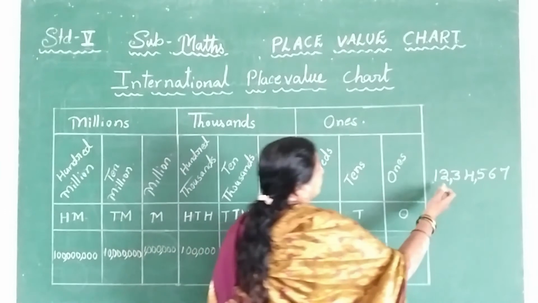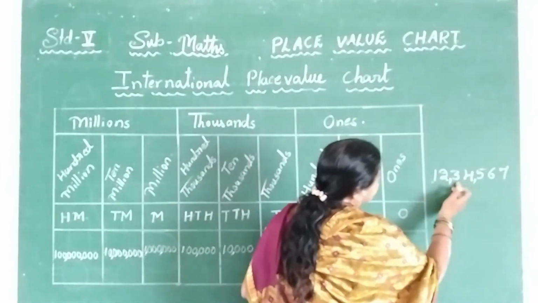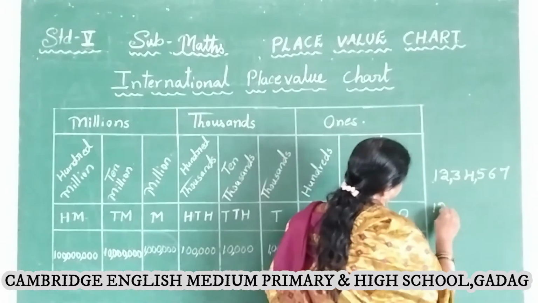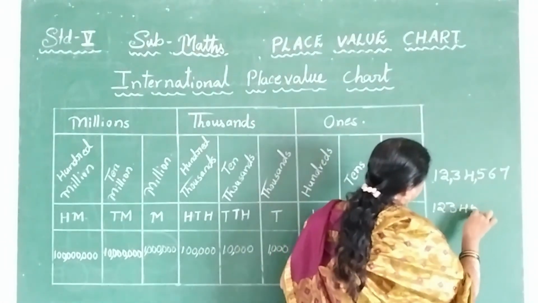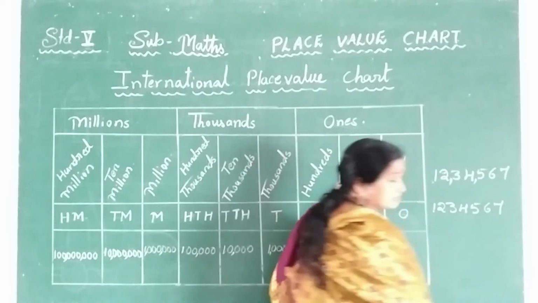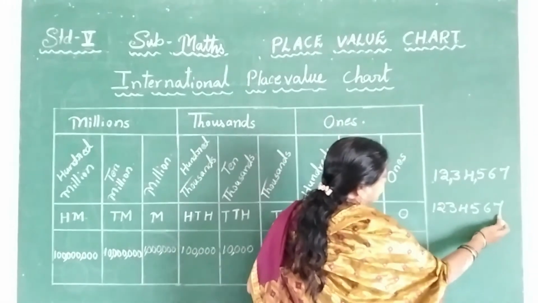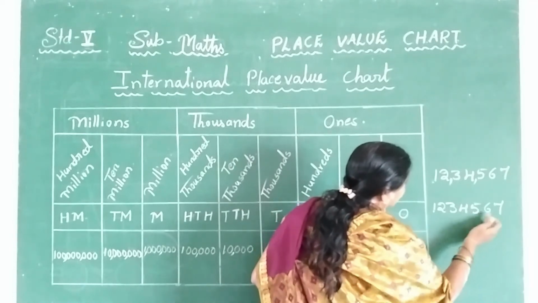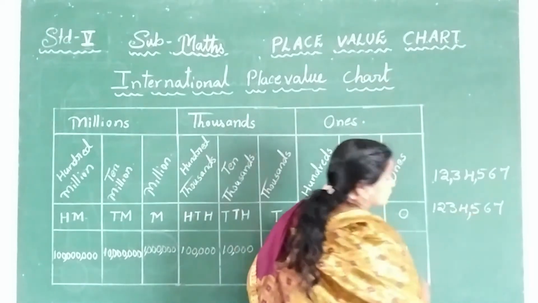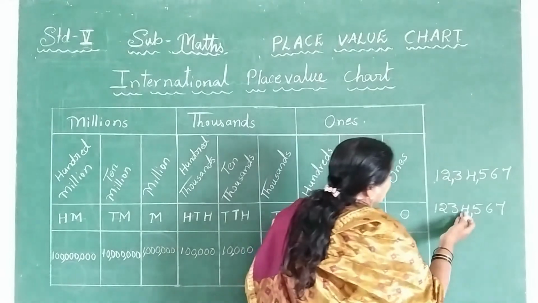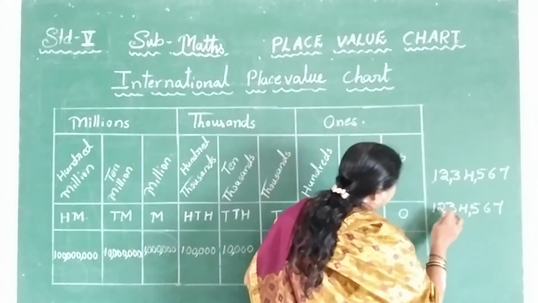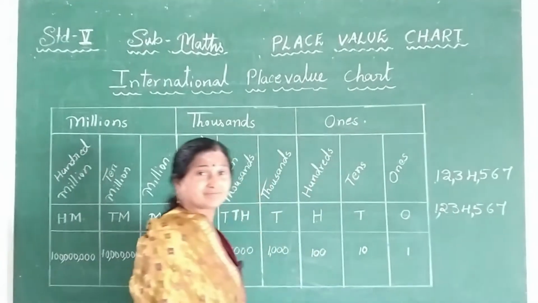So we are using a comma for 2 digits. But in international system, see, first for ones group, after ones group put comma, after this comma next 1, 2, 3, like this.